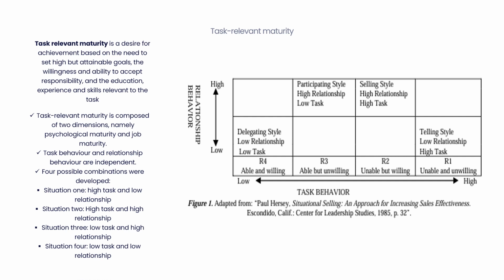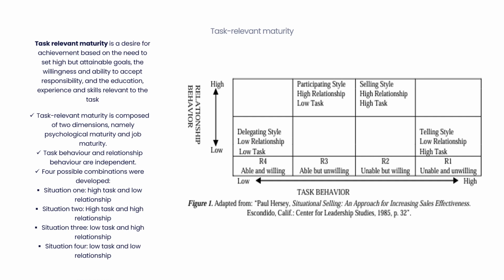Let's see this table here. With this table of Hersey and Blanchard, you see that vertically we have relationship behavior, horizontally we have task behavior. So we have the arrow showing us when the task behavior is low and when it is high. Then we have relationship behavior when it's high and when it's low.